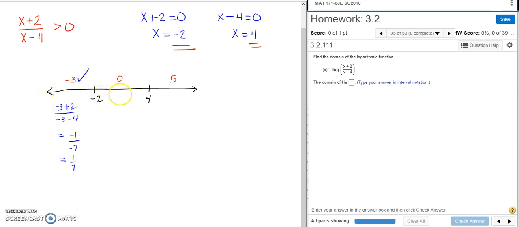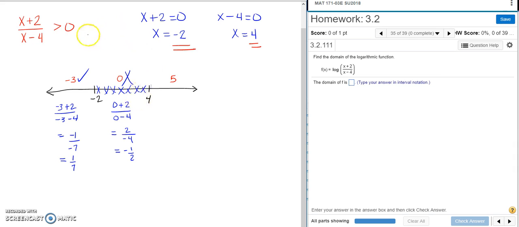Okay, so let's try the middle section. So if I do 0 plus 2 over 0 minus 4, I end up with 2 over negative 4, which is negative 1/2. That is not greater than 0. So this section does not work. By testing this value in the section, I can now say that nothing in this section will work.